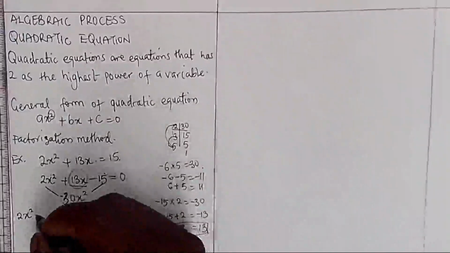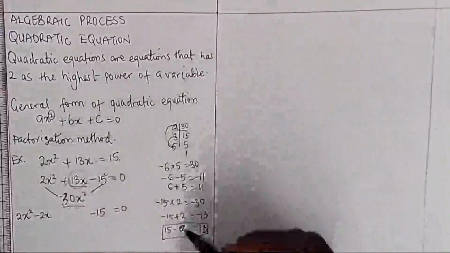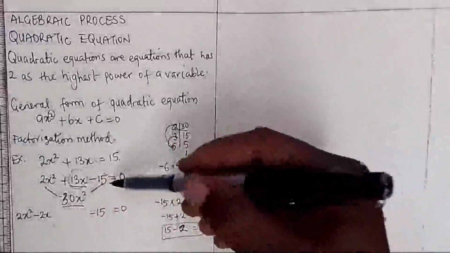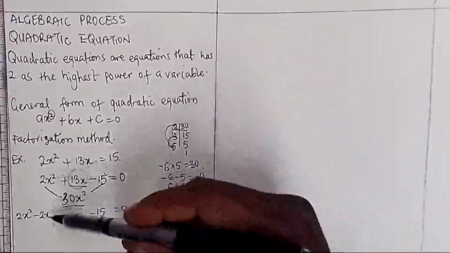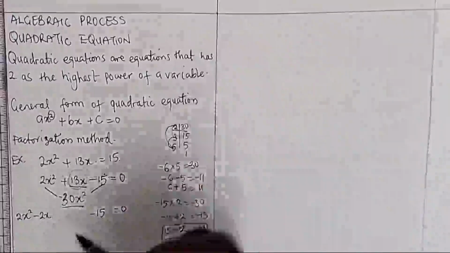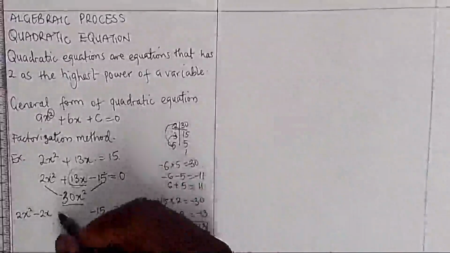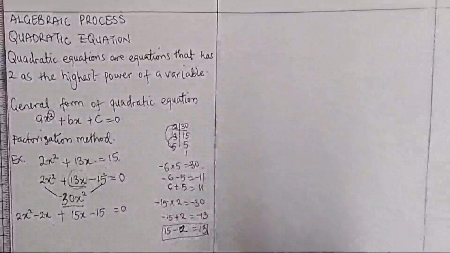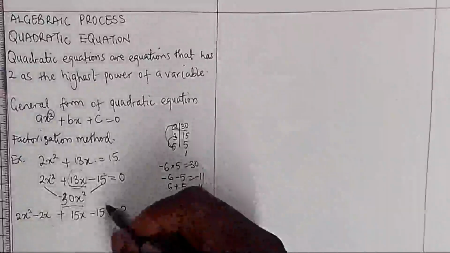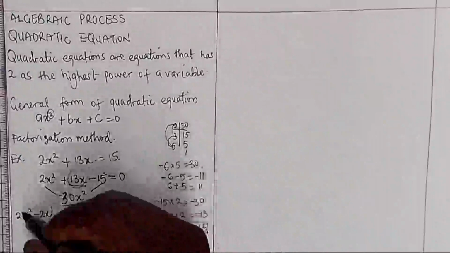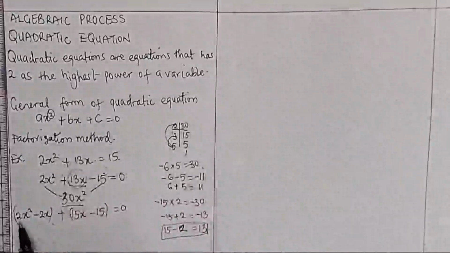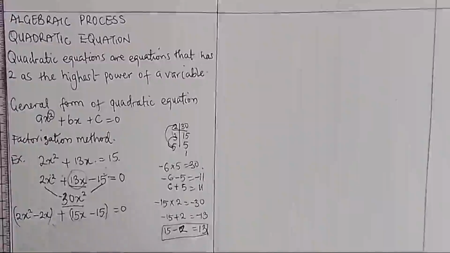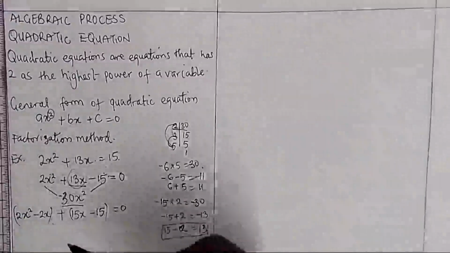Now we can use these factors. So pick negative 2x. You introduce your x back again. Here you can't use x because you want to look for the factor of a number. So now you introduce back your variable: minus 2x plus 15x. Remember I said we are using the factorization method. Now let's factor out the common terms. You can see we have 1, 2, 3, 4 terms, so we group them in two to factor out what is common between them.